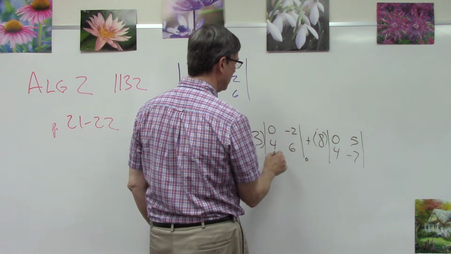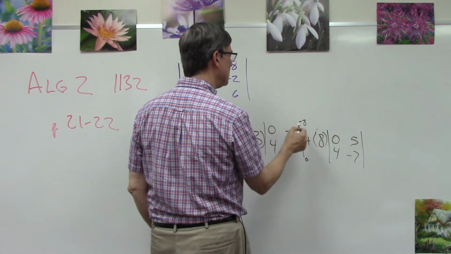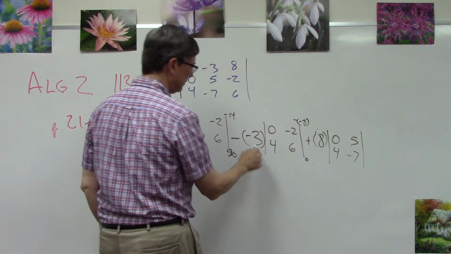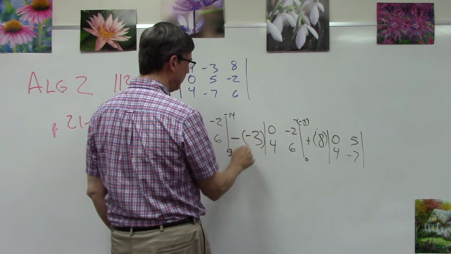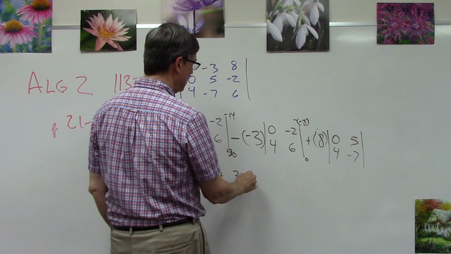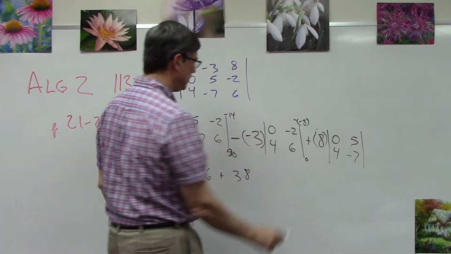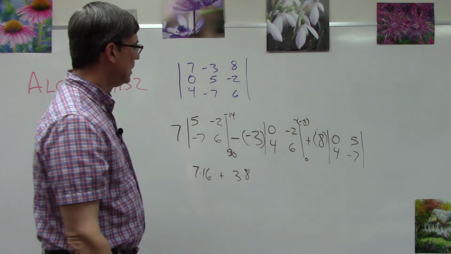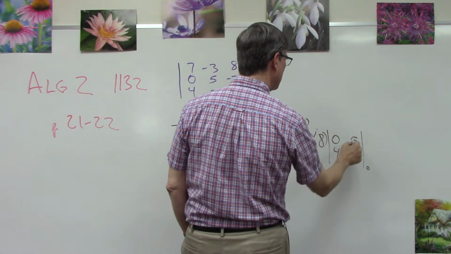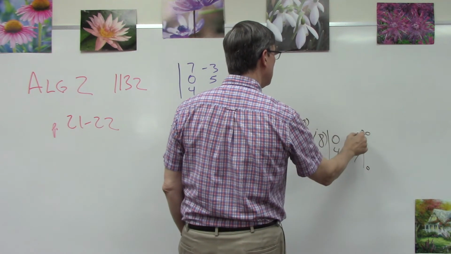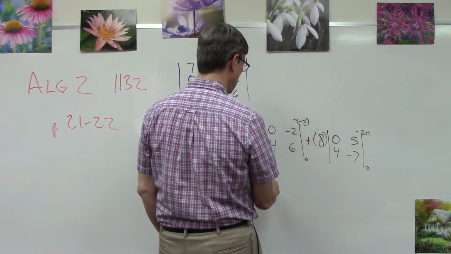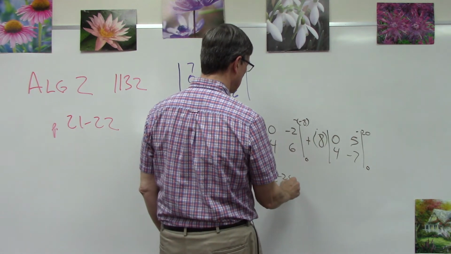Oh, that's 0. 4 times -2 is -8, but then I'm going to change it to its opposite. So this becomes 8. I have minus -3, which makes that plus 3 times 8, because I'm adding 0 plus 8. All right, over here, 0 times 7 is 0, 4 times 5 is 20, but I need to make that negative. I add -20 plus 0, so I have 8 times -20.